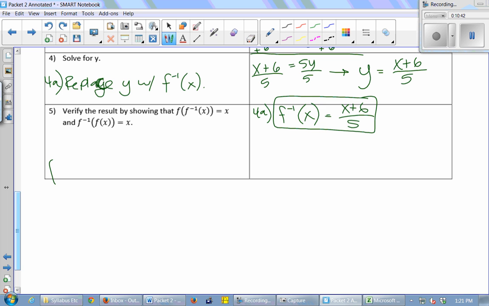So I want to do f evaluated at f inverse of x. So right above here, I'm just going to write the formula for f of x. F of x is 5x minus 6.